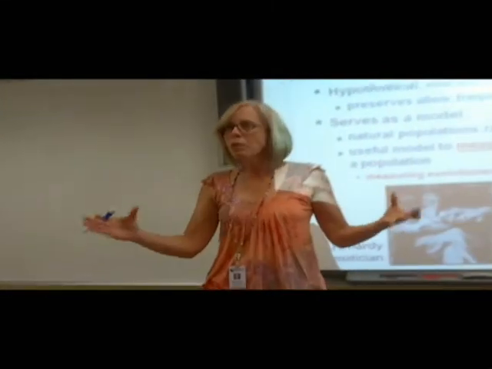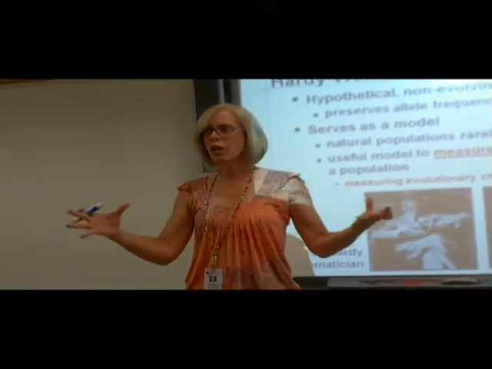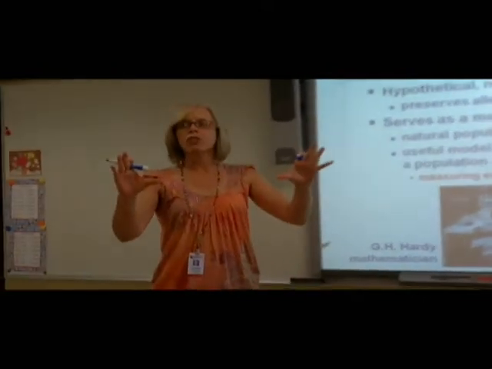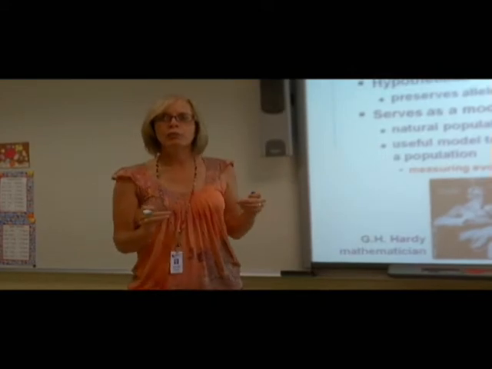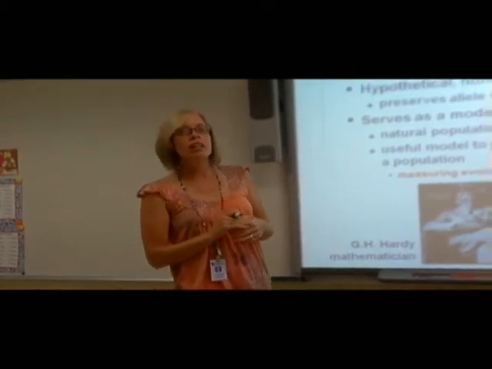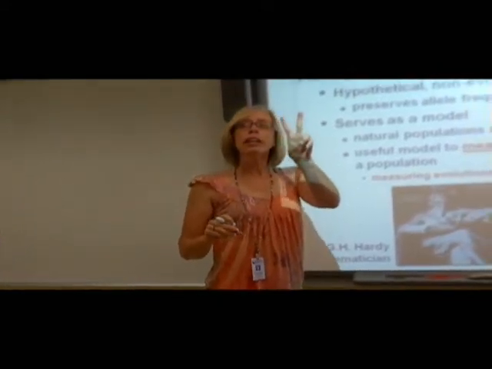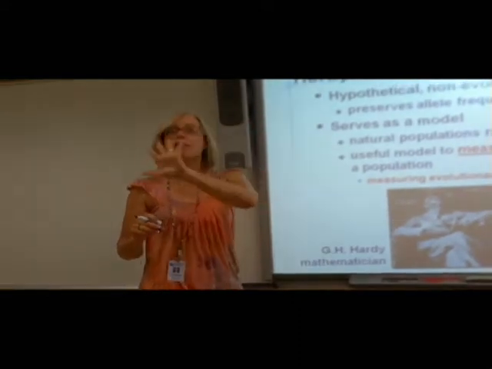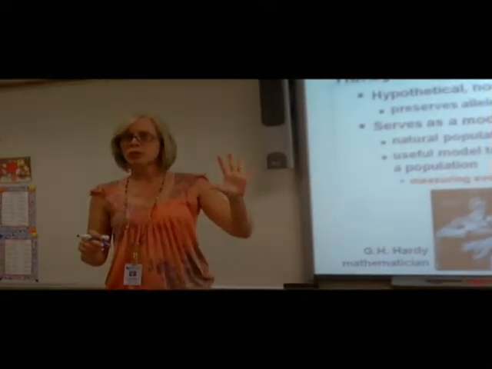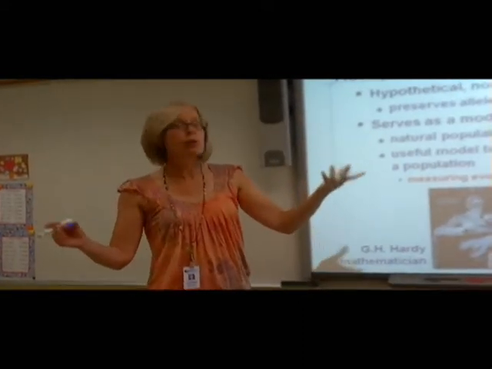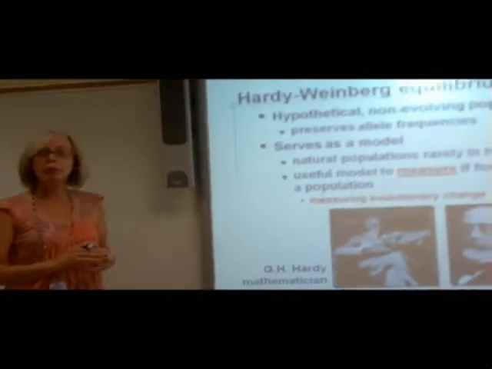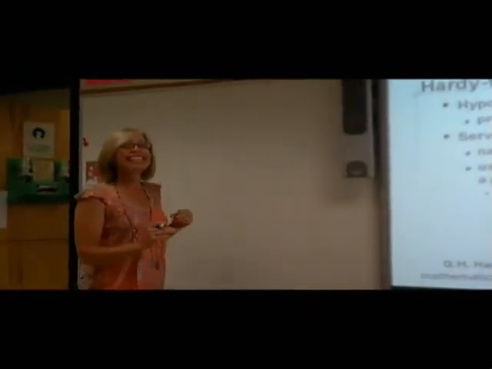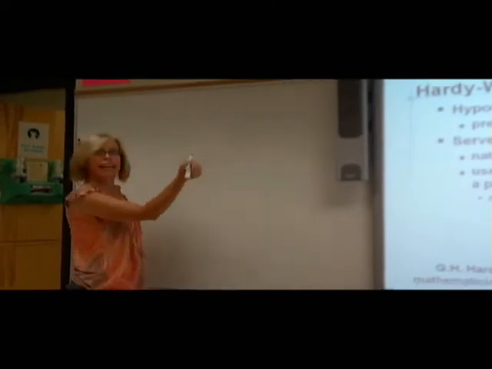Now, we do not want to freak you out when you think, oh no, I have to do math and I have to look at a population in terms of math. There are 2 equations and 5 total terms that you're going to need to know to be able to do Hardy-Weinberg problems. So, to not freak out, let's identify them.